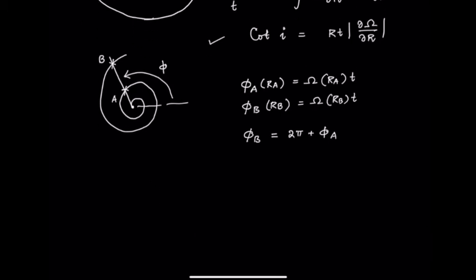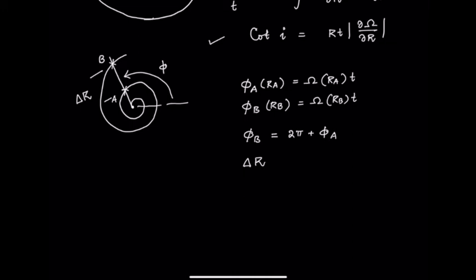So you can calculate the radial difference between the two spiral arms. I can ask the question, how far apart will these two spiral arms be?